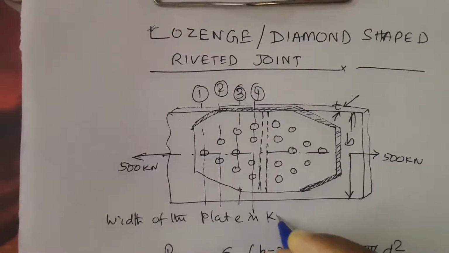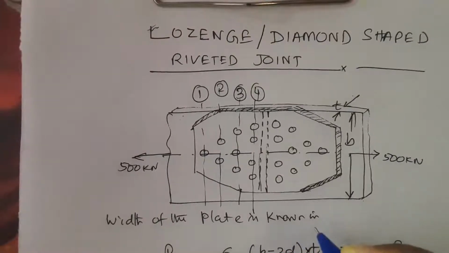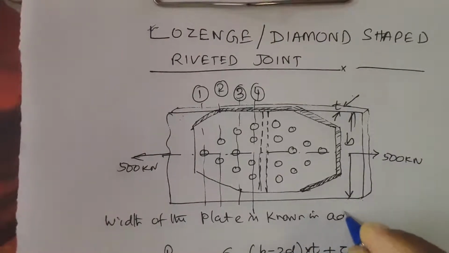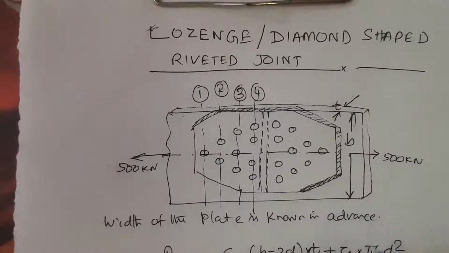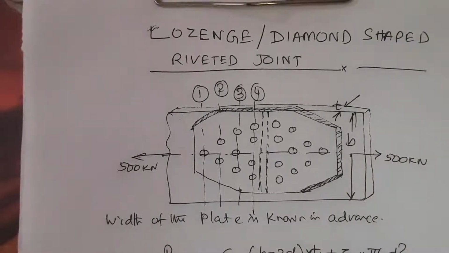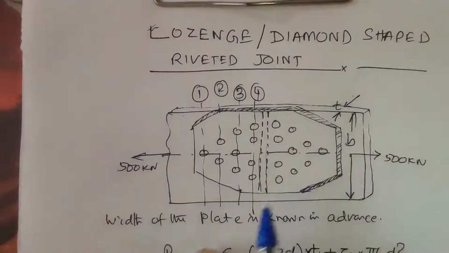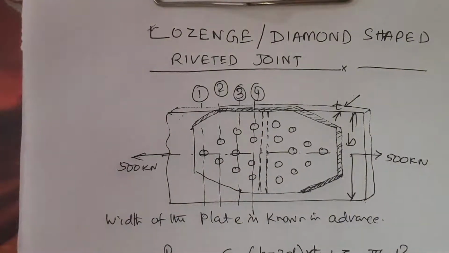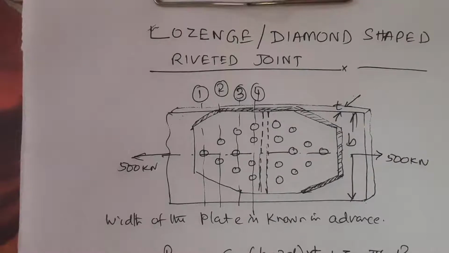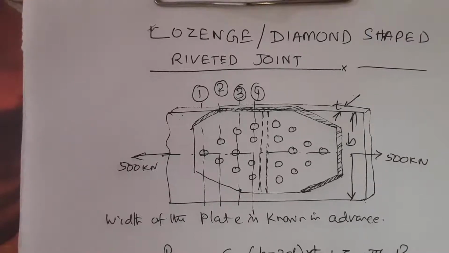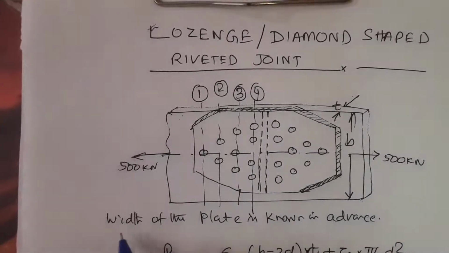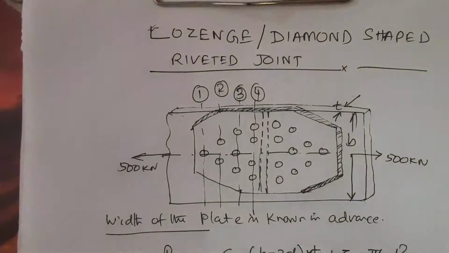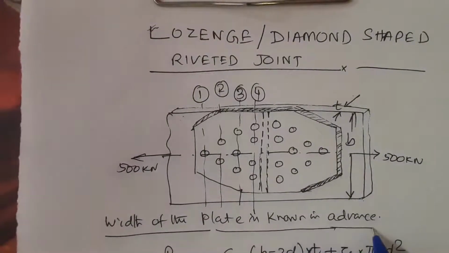Lozenge type or diamond shaped joints are preferred in places where it is a bridge or the truss or the girder, and the plate thickness and the width of the plate are known in advance.